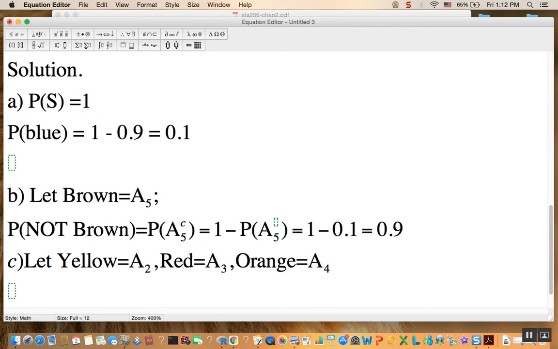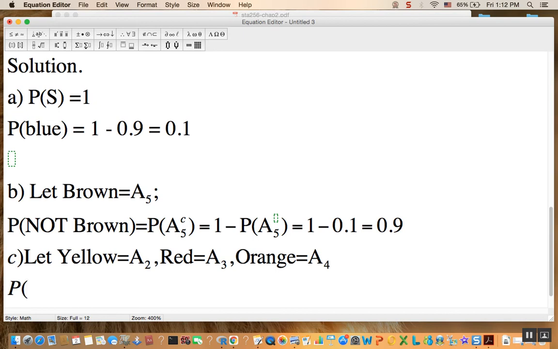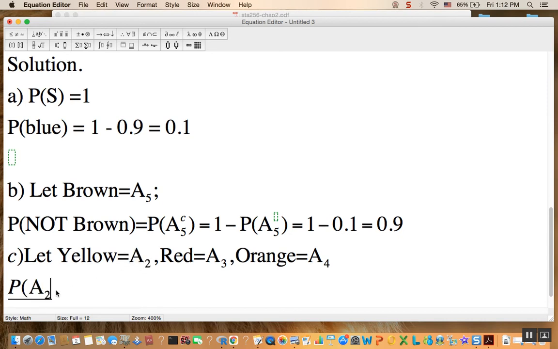So using that notation, what we are looking for is the probability of A2 or A3, but or we know is a union.